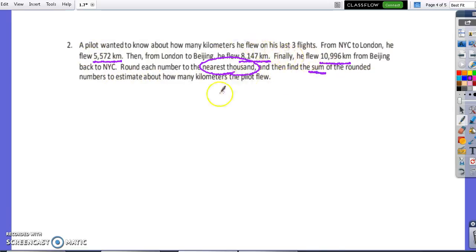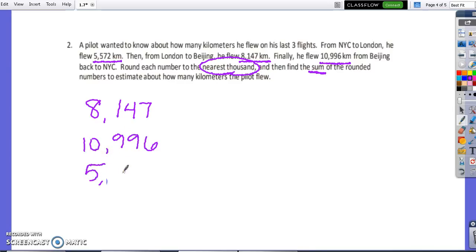Okay, so there's a lot of things going on here. So first of all, I'm going to take these numbers, I'm going to write them off to the side because I know I'm going to have to round them. Now I'm rounding each of them to the thousands place. So these fancy little lines are basically just telling you what it's rounded to once you have rounded it.